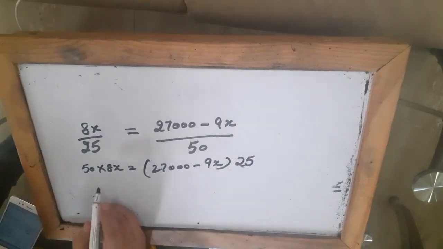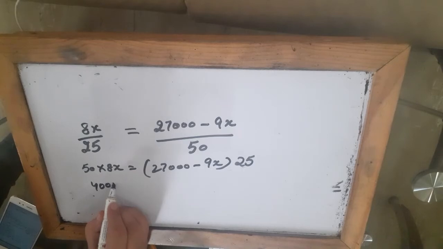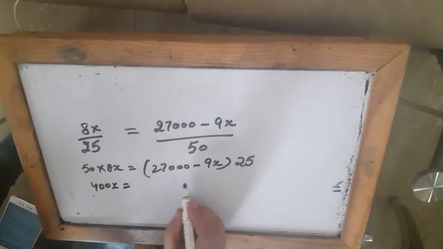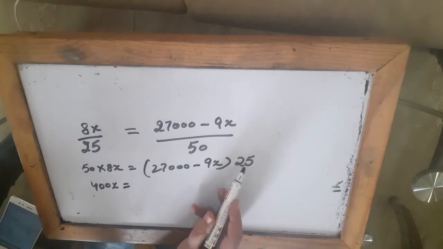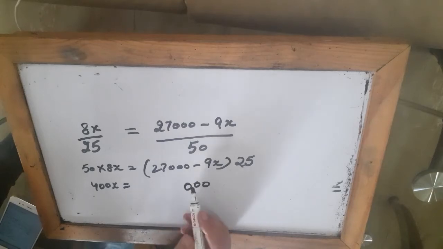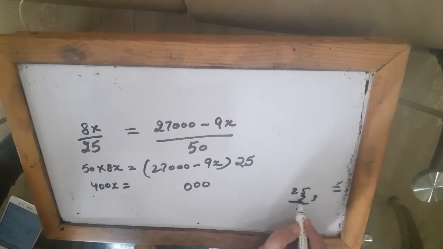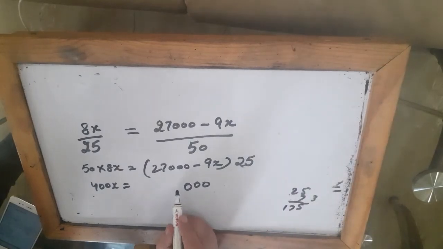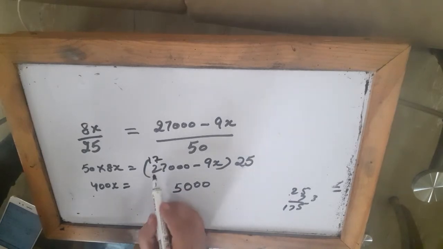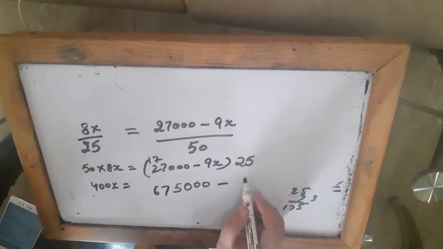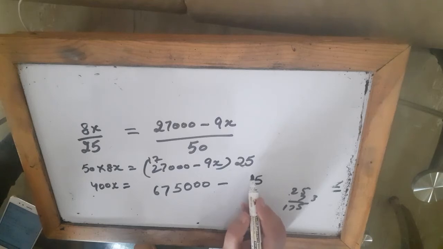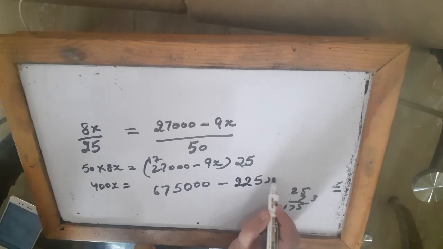So 50 times 8 is 400x is equal to 25 multiplied with the whole of this. So 25 sevens are 175, 5 I'll keep here, 25 twos is 50, and this becomes 675000, minus 25 nines, which is 225x.